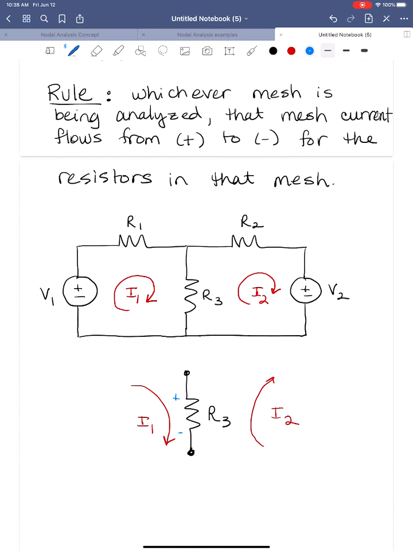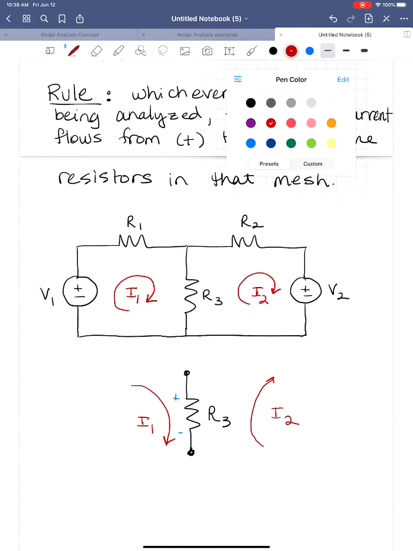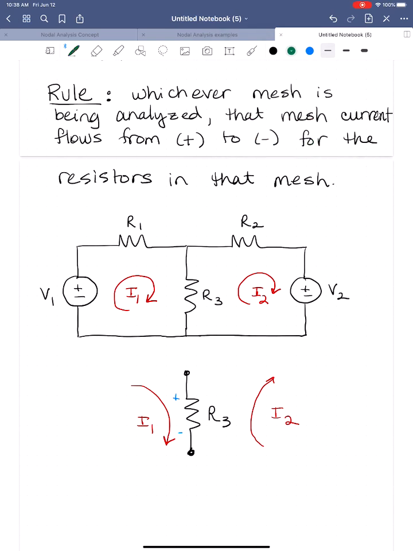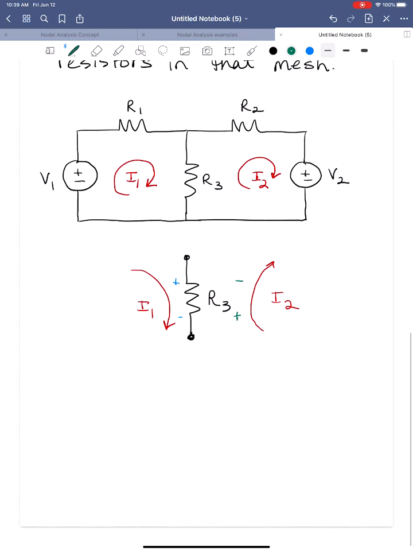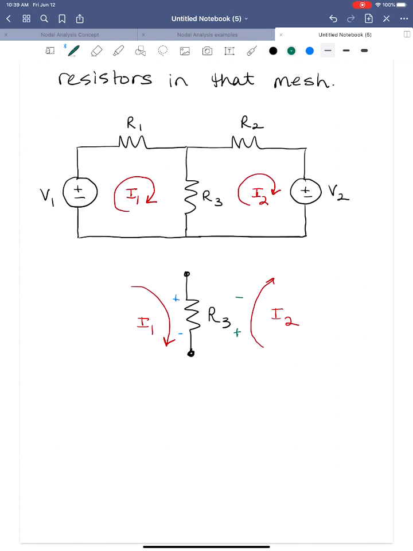When we move over and analyze mesh 2, we forget about mesh 1, and I2 is going to flow from plus to minus with respect to R3. This is the way we're going to deal with elements that are shared between two meshes and elements that are on the outside of a mesh.